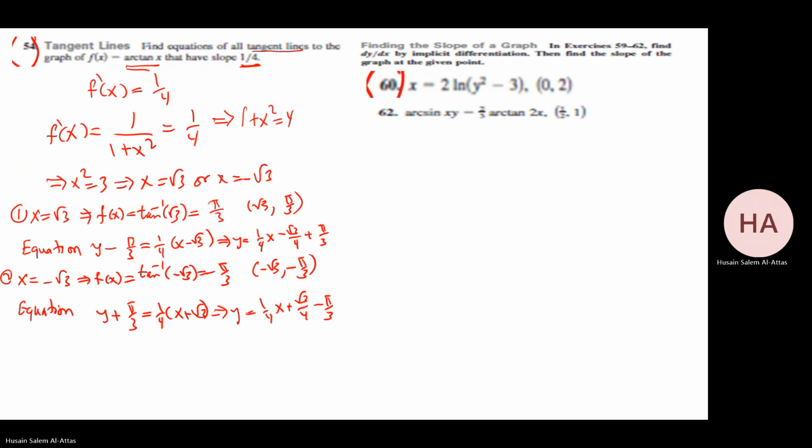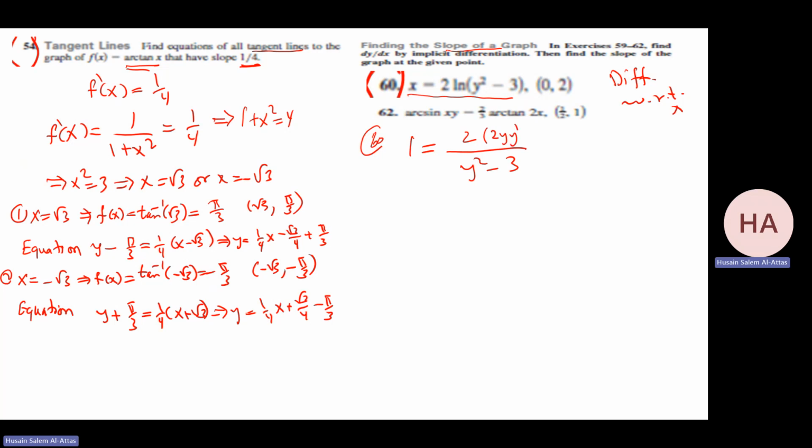Okay. Now what they want, find the slope. They want to find the slope, the derivative, at the given point. But now this is written in an implicit way. So differentiate with respect to x in both cases. So I have 1 equals, I have y squared minus 3, derivative of this, which is 2y y prime.